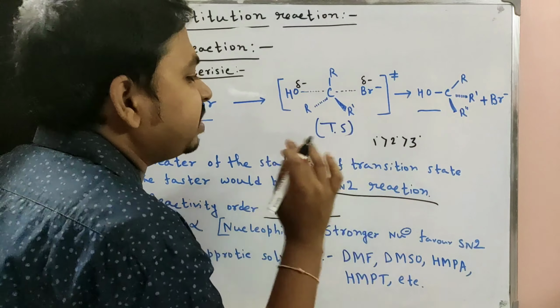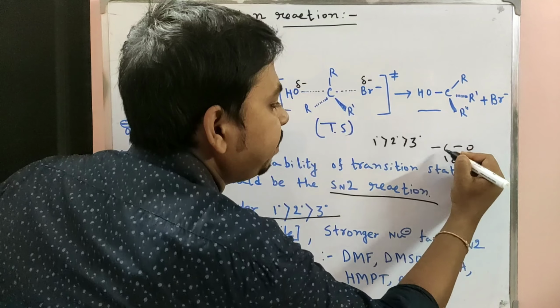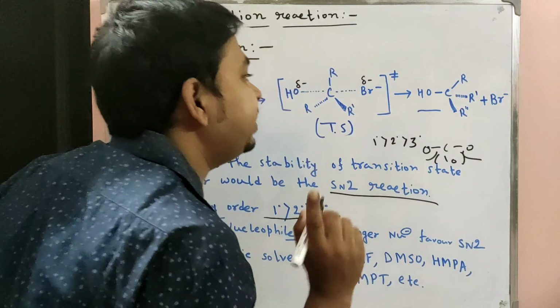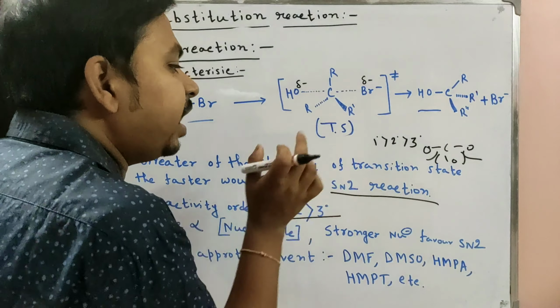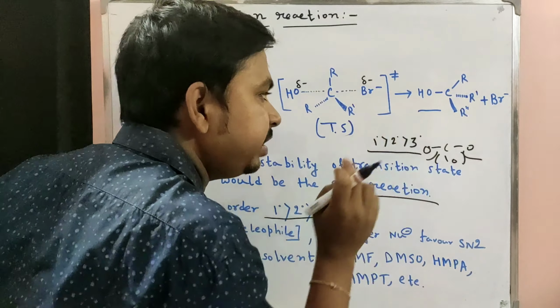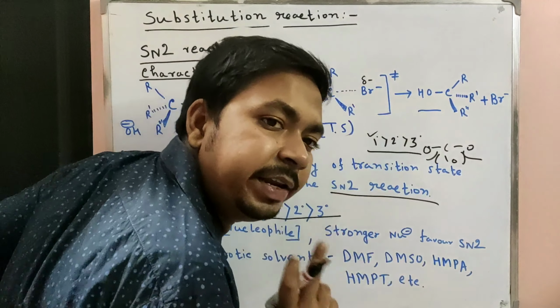Due to the steric effect in the 3 degree case, three bulky groups are present. Three bulky groups mean steric hindrance occurs. As a result this transition state is hampered. So from 1 degree to 2 degree to 3 degree, the reaction rate is highest for the 1 degree case.